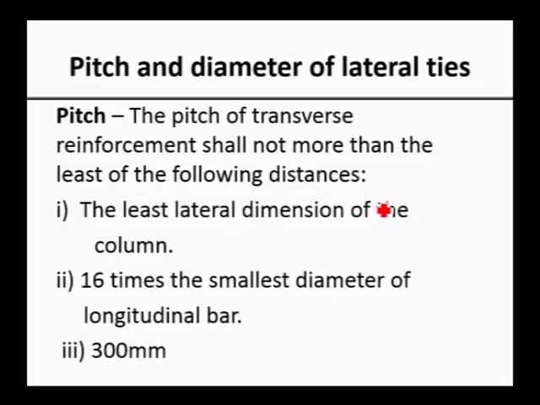You have to calculate all three conditions and provide the least. For example, if the least lateral dimension of the column is 400, 16 times diameter gives around 500, and 300 is the least, out of the three conditions you select 300 mm center to center. All three conditions we have to calculate, and the least should be considered for the spacing.